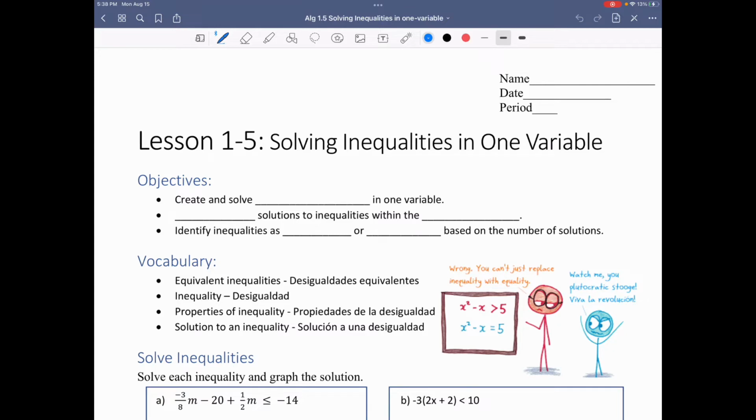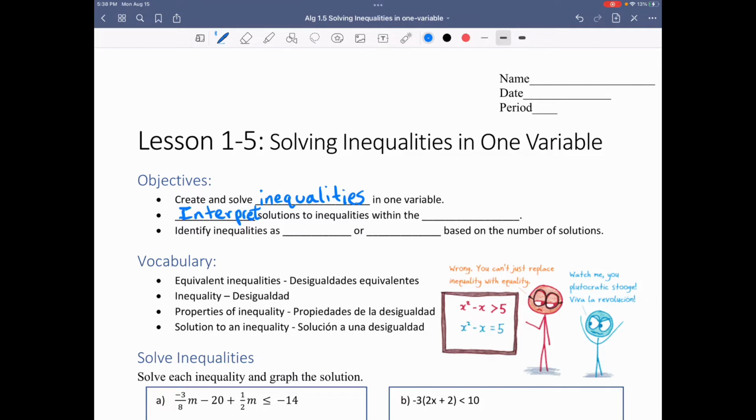Our objectives today are to create and solve inequalities in one variable, interpret solutions. That means to understand what the solution means.